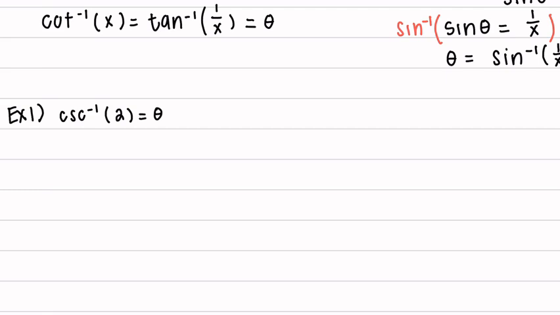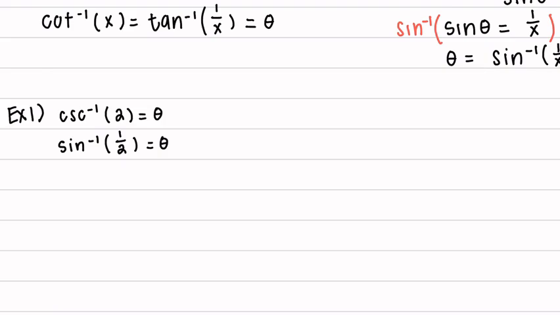And I don't necessarily know what that is, and also my calculator can't do this, but I do know that I can represent this as inverse sine of the reciprocal 1/2, which equals theta. And this is something we would need to be able to do without a calculator.